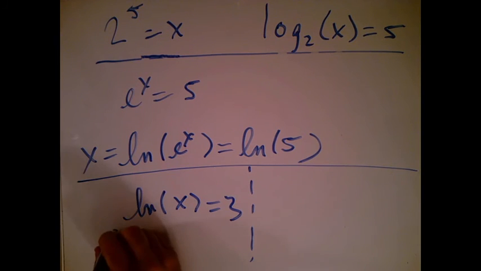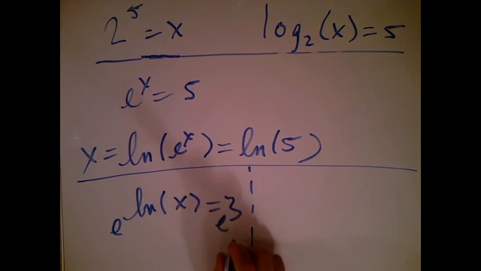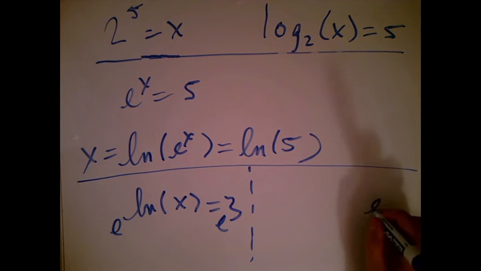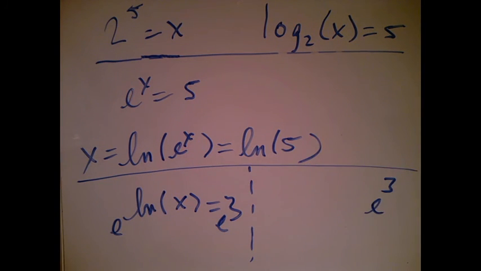In other words, if I take e to the both sides, the right-hand side is just e cubed, which I'm happy about. What in the world is the left-hand side? Well, whatever evil thing ln did to x, e to the completely undoes it. That's exactly the definition of ln. e to the and ln of undo each other. What we're going to get is x.